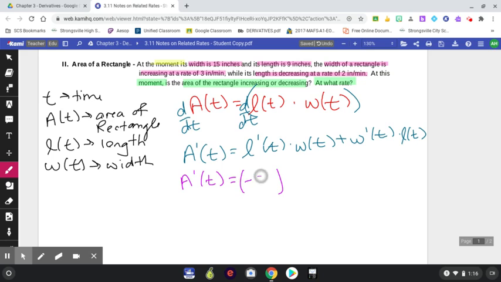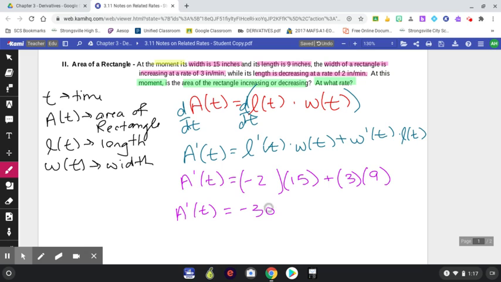It says it's decreasing, that's negative, at a rate of 2, times the width at this particular moment, which is 15, plus the rate at which the width is changing. It says the width of the rectangle is increasing, that's positive, at a rate of 3, and I know the length at this particular moment, it says the length is 9 inches. So I know enough information that I can answer this question.